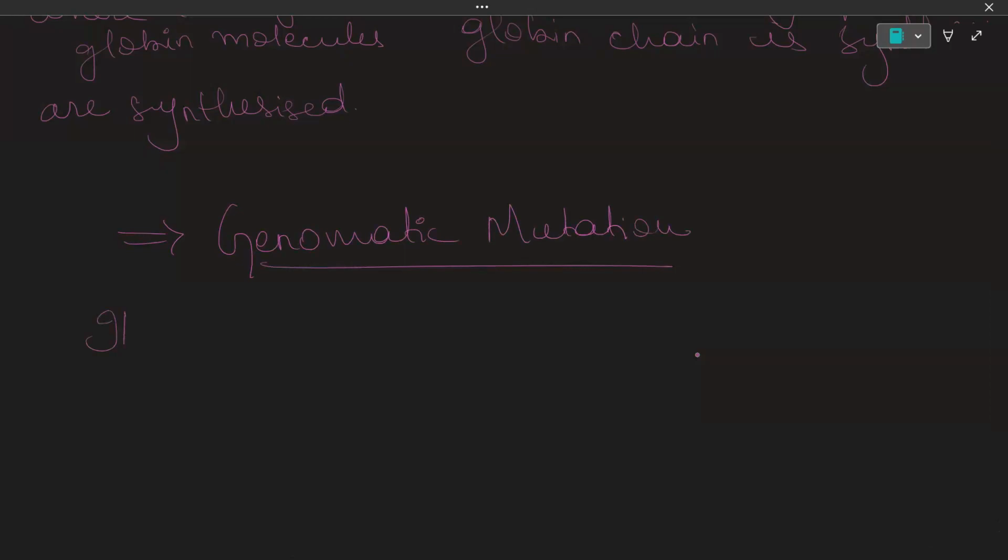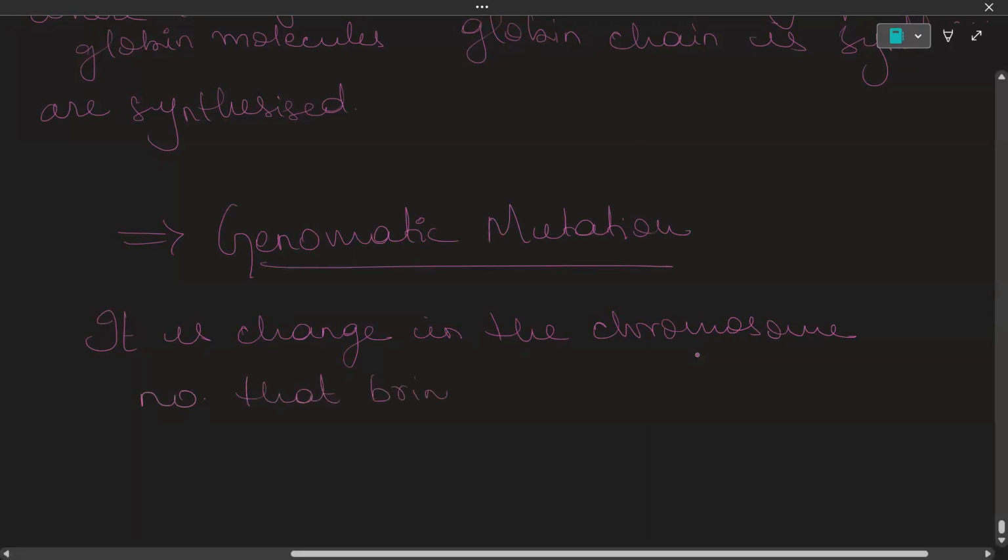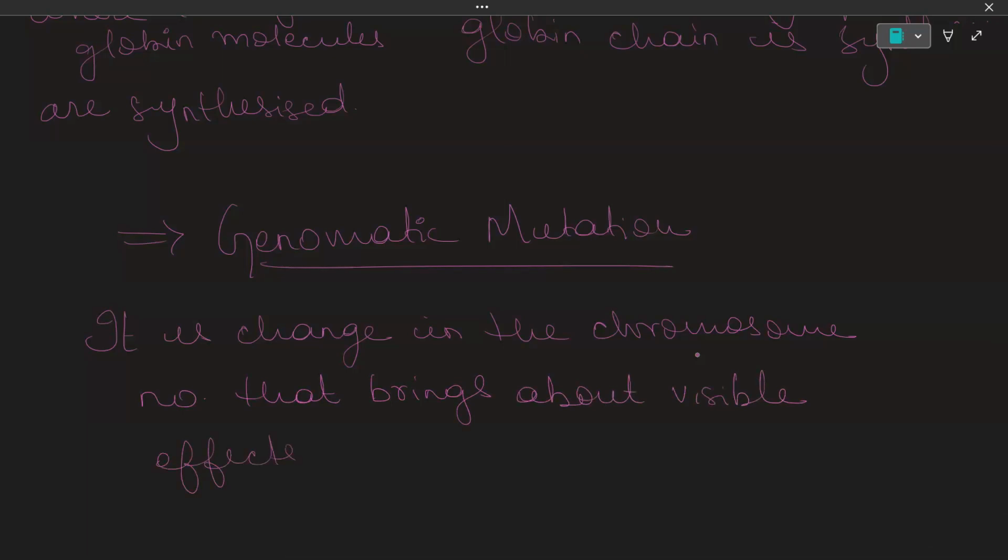Okay, so talking about the genomic mutation, it is a change in the chromosome number that brings about visible effects on the phenotype.